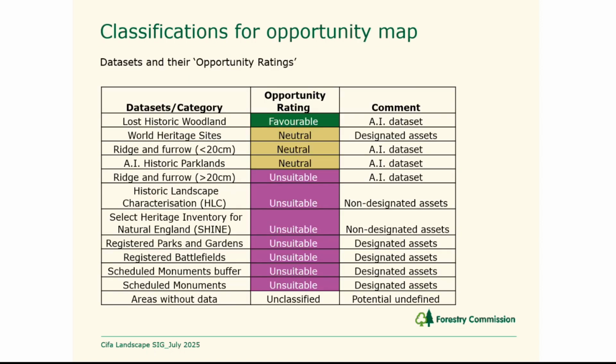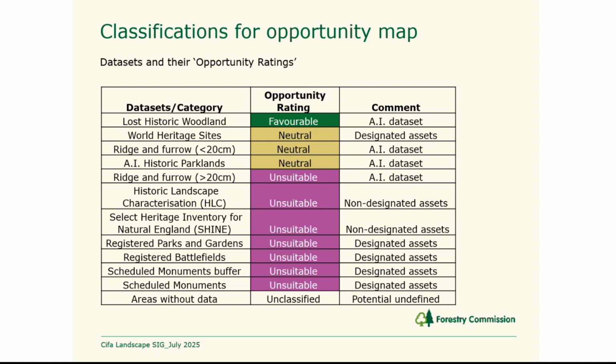I thought I'd touch very briefly on the classifications we've put into the opportunity map, again, because this has landscape implications, or we've used landscape scale data. What's been interesting is we've managed to create a lost historic woodland, and that's the one theme that comes out as favourable in terms of a good planting opportunity.